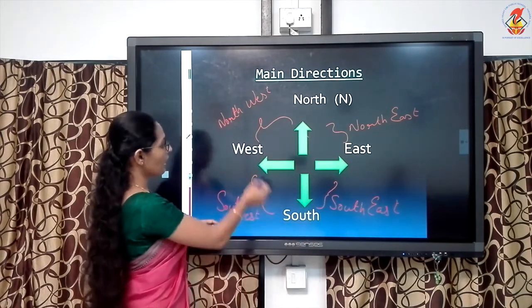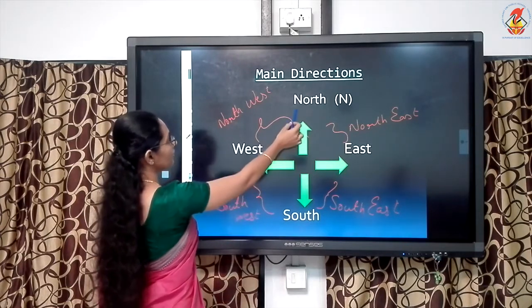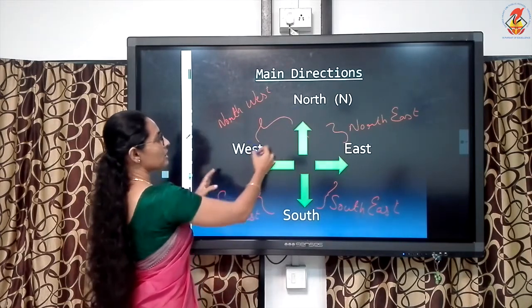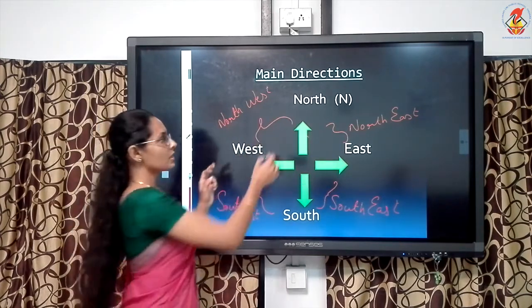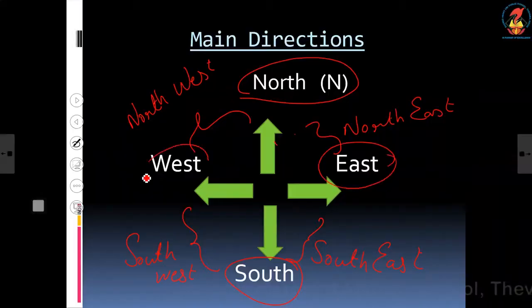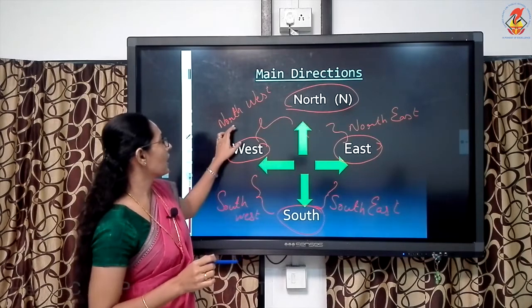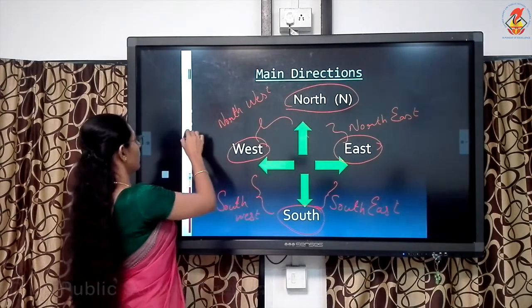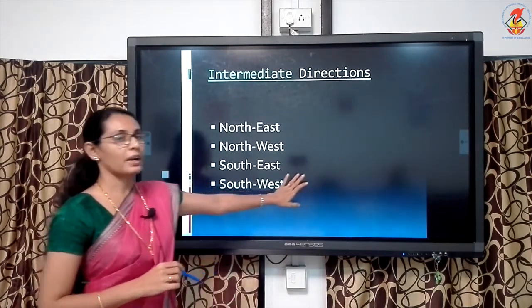In between south and west, southwest. And in between north and west, northwest. These are the major directions: north, south, east, west. Then the intermediate directions are northeast, southeast, southwest and northwest. Clear?